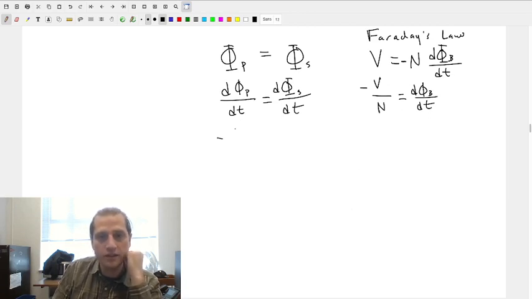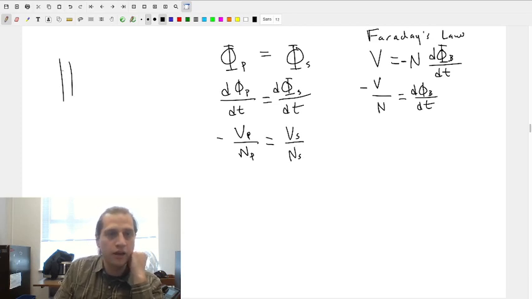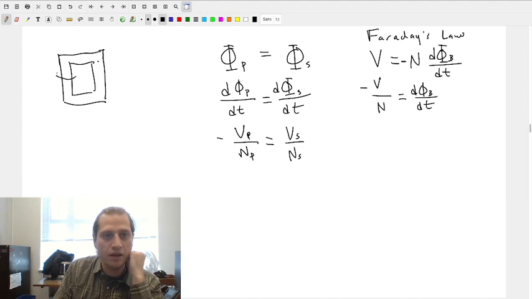So we have minus the voltage of the primary over the number of turns in the primary equals the voltage of the secondary over the number of turns in the secondary. And remember, this is our schematic where we have our hunk of iron that's causing the magnetic flux to be the same. And so we have a different number of turns on your primary and your secondary.